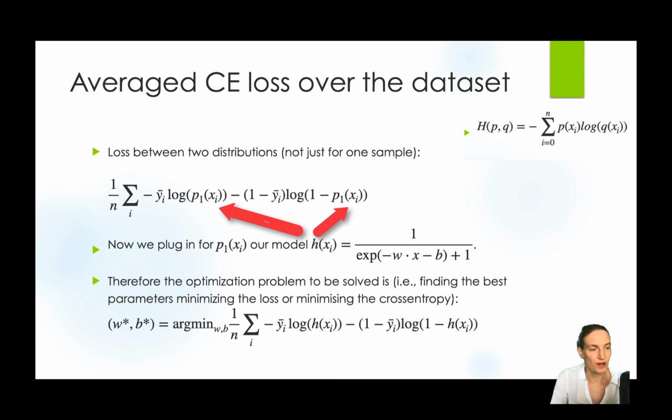What do we do with this loss? Remember that entropy is a measure of surprise and chaos, so it means that we need to find the lowest value. And it says argmin here, which means that we look for the parameters with the lowest loss value.